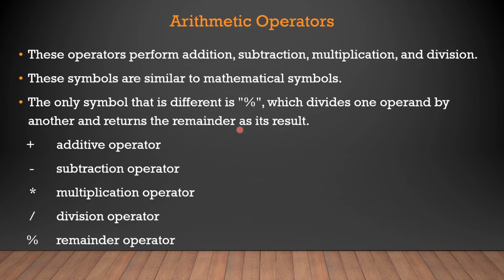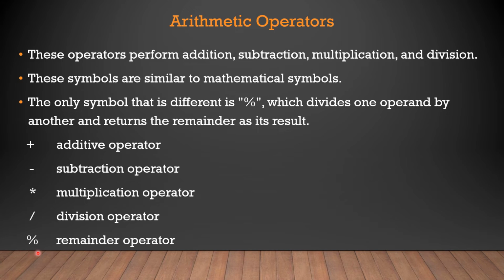Why do we use the division operator? We use it for division, meaning we divide one operand by another and the result is the quotient. So what about the remainder? Whenever we want the remainder as the result of division, we use this operator, and it is called the modulus sign in programming language.